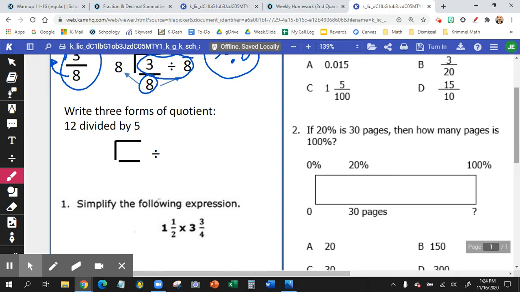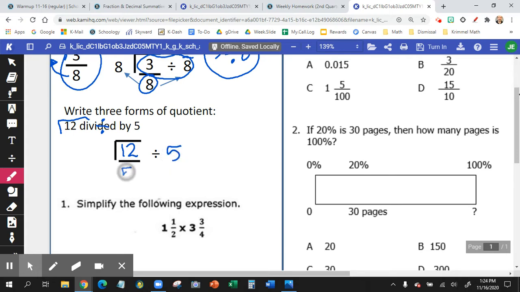So if we write three forms of the quotient of 12 divided by 5, well, we start with 12. 12 is going to go inside the division, and 12 is being divided by 5. So in long division form, 12 goes inside.